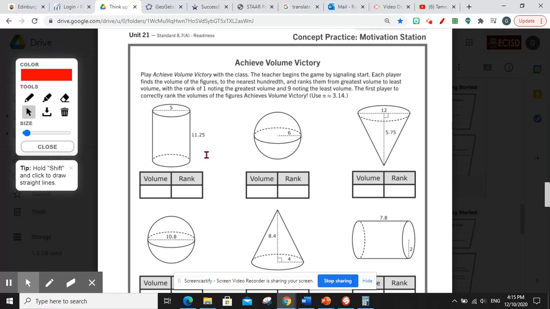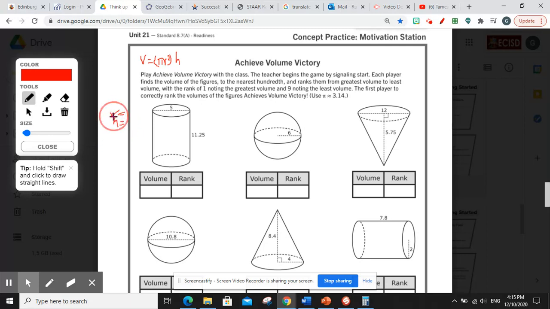Okay. So let's begin. The first one here, we have a cylinder. Now the volume for a cylinder is going to be big B times H, which ends up being pi r squared times the height. So I need to figure out my radius and I need to figure out my height.